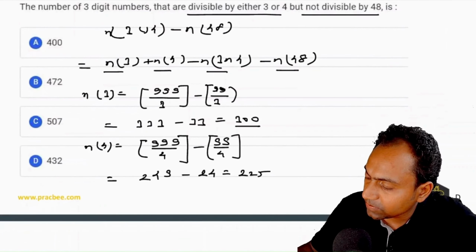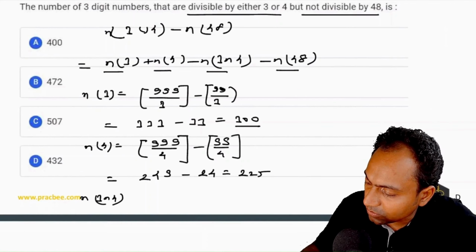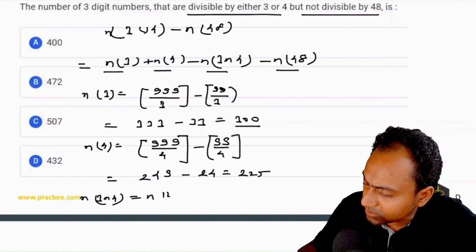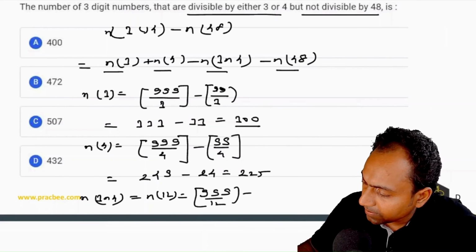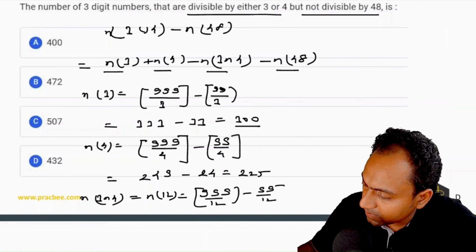And the last part is n of 3 intersection 4. 3 intersection 4 would mean multiples of 3 and 4 both. That means multiples of 12. So again, I can take 999 and divide by 12 minus 99 divided by 12.